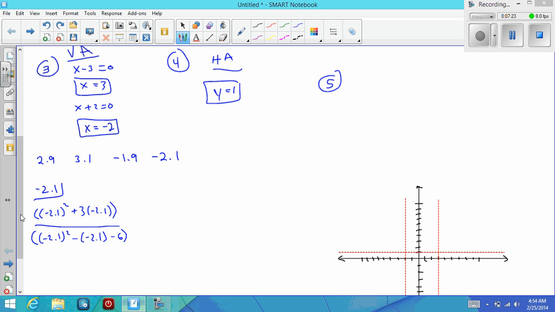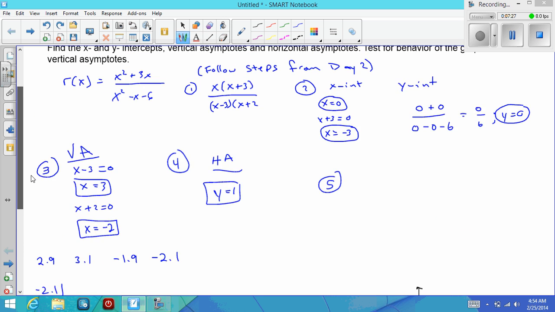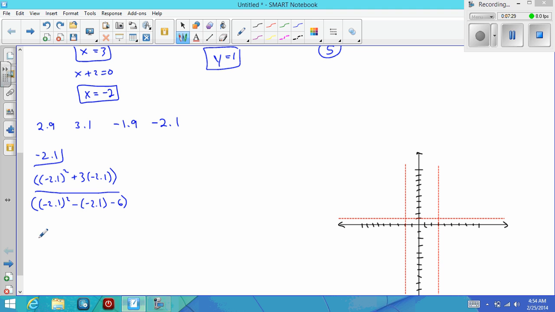Okay. If you're going to do this by hand, then I would recommend using the factored form, and you'll have -2.1 and then -2.1 plus 3. And so for right now we have a negative, and -2.1 plus 3 is positive.